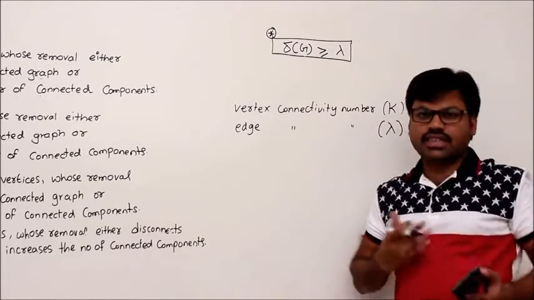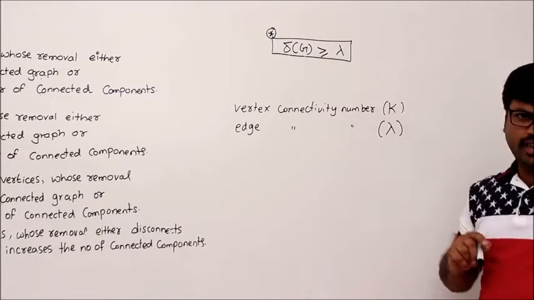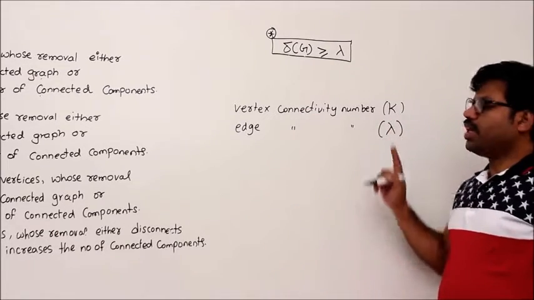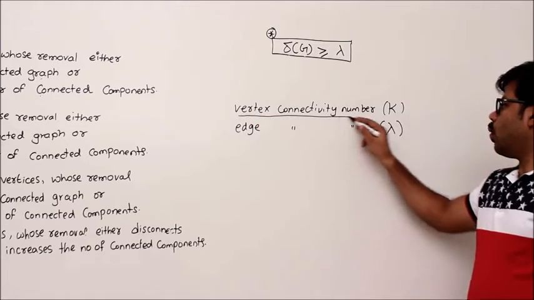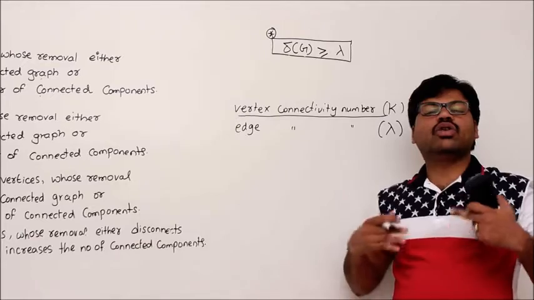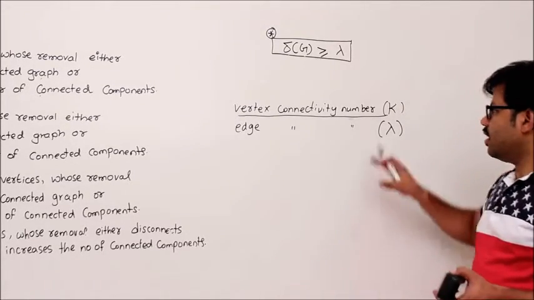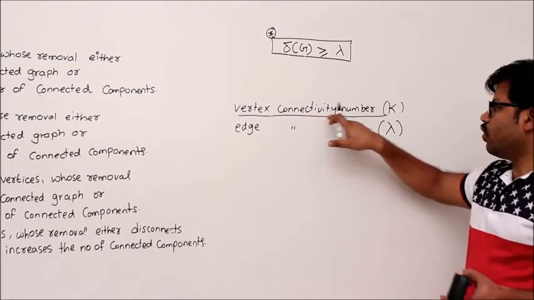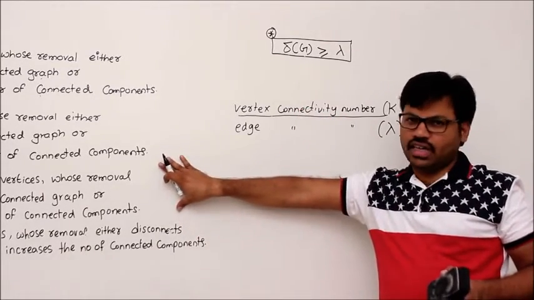I already discussed lambda, but now I will discuss what K is. The vertex connectivity number is easy. It is the minimum number of vertices required to disconnect the connected graph, or otherwise to increase the number of connected components. That means the vertices you remove should be minimum, and they should have the cut vertex set property.